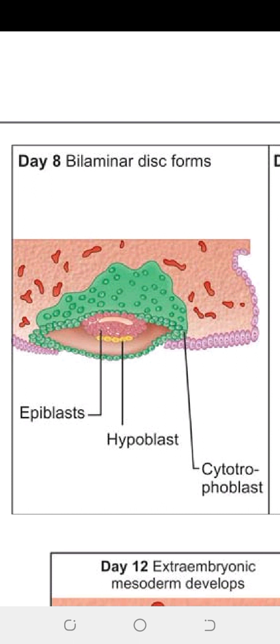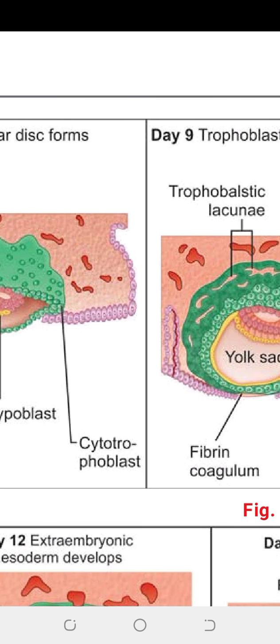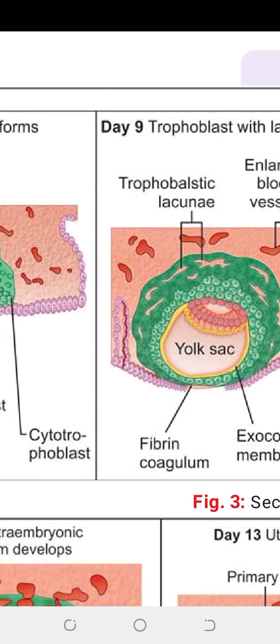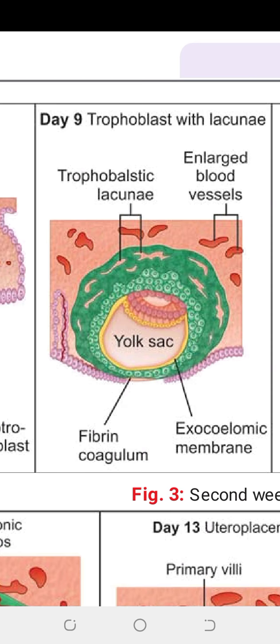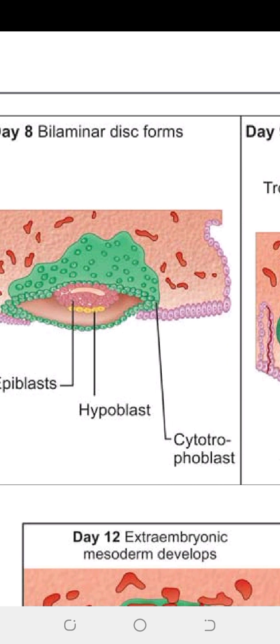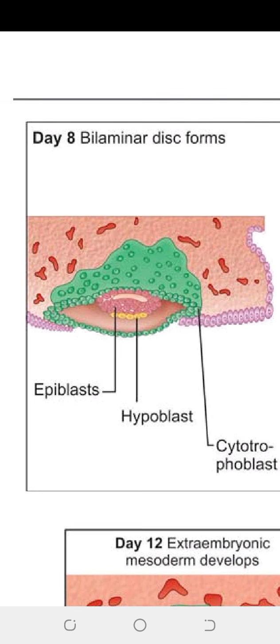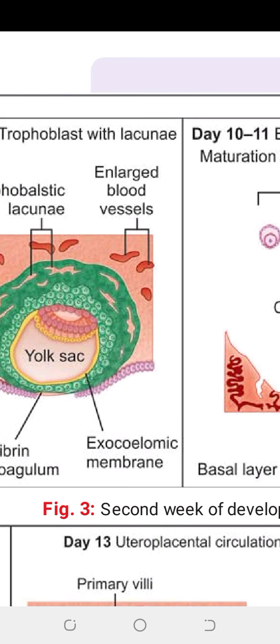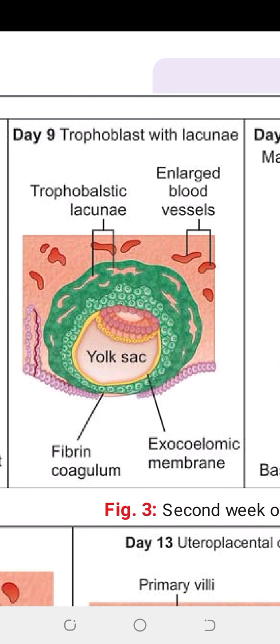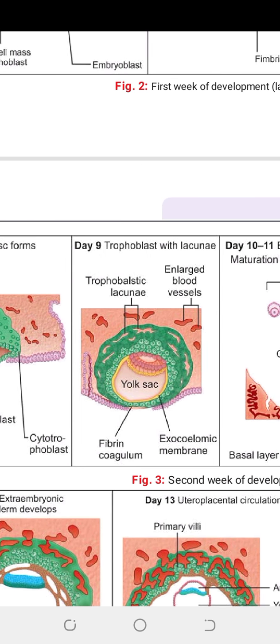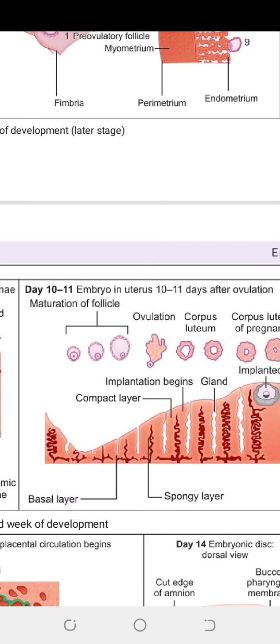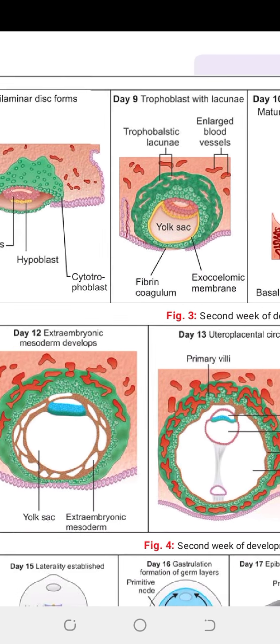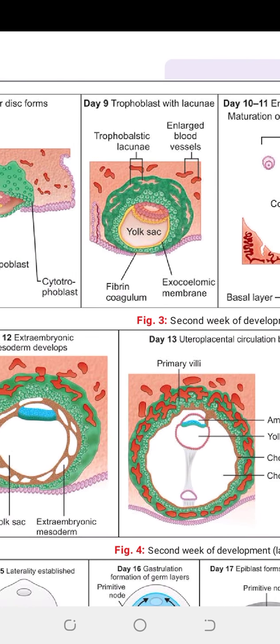On the other hand, the cytotrophoblast forms villi-like structures. Let me show you.